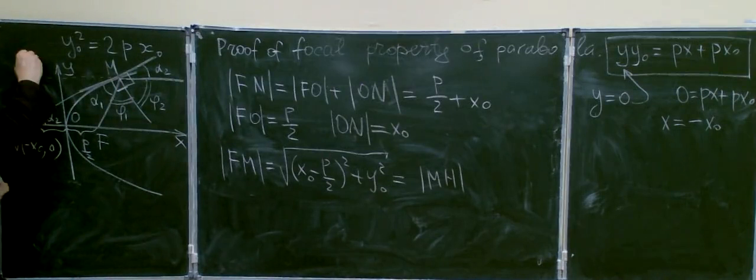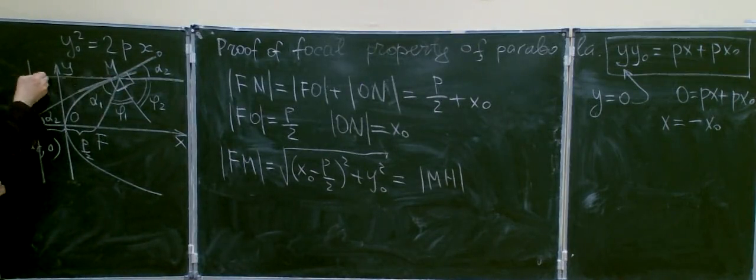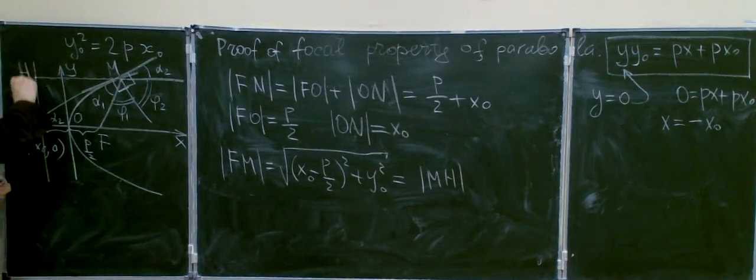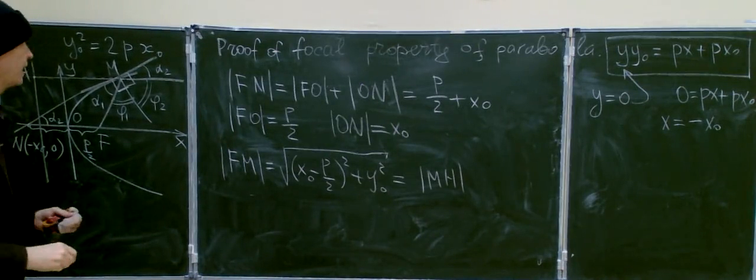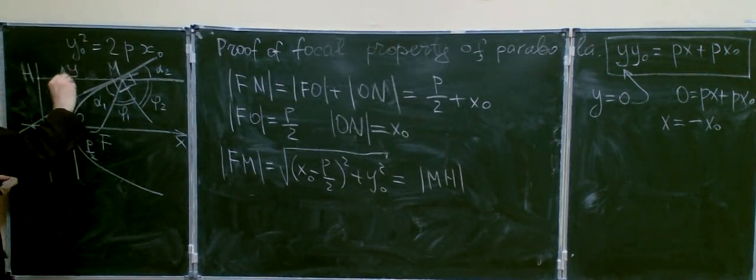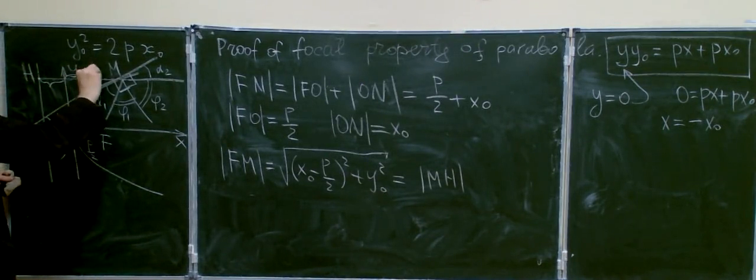If I draw the directrix, then MH is the distance from M to the directrix. And the distance MH is also composed of two parts. This distance and this distance.